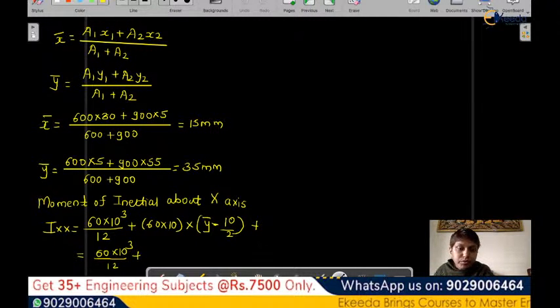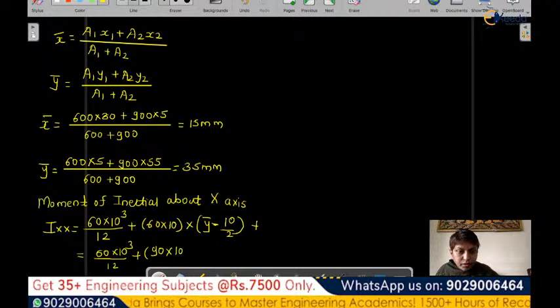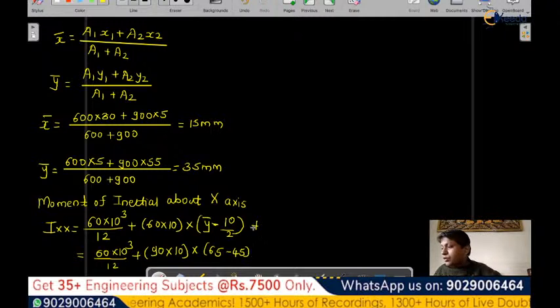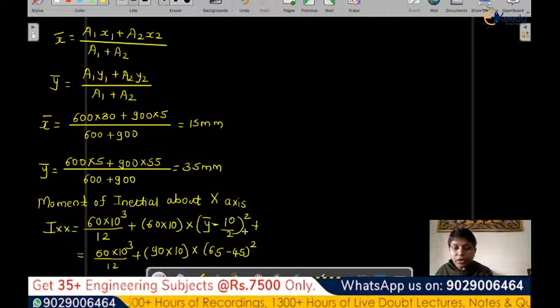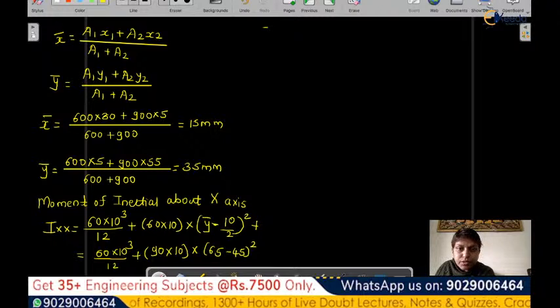Yeah, so let me write down 90 into 10 into 65 minus 45, and this has to be a square. Okay, so please do the calculation and tell me what answer you are getting.